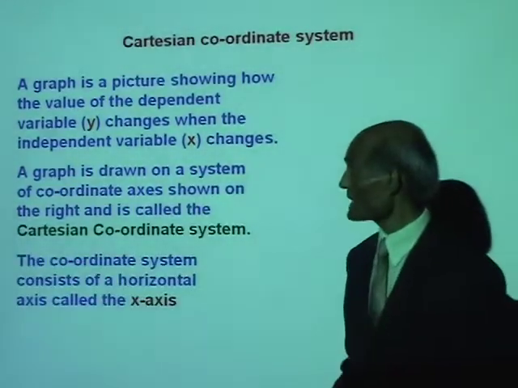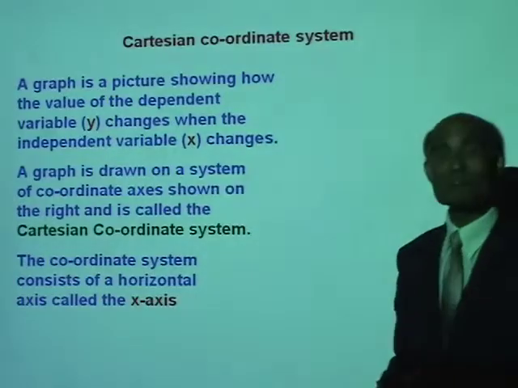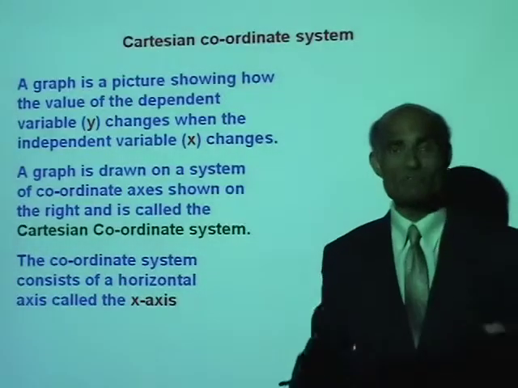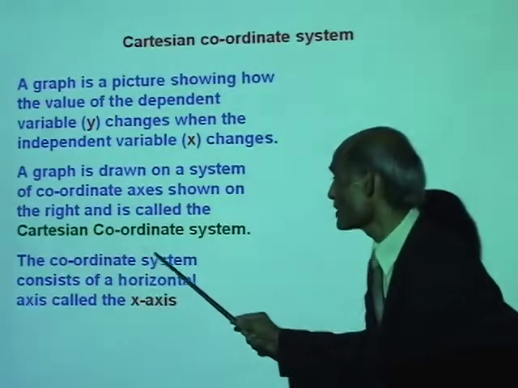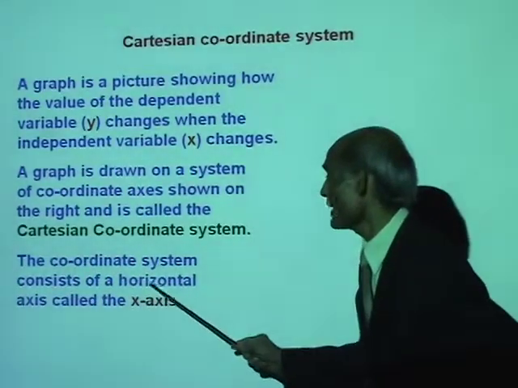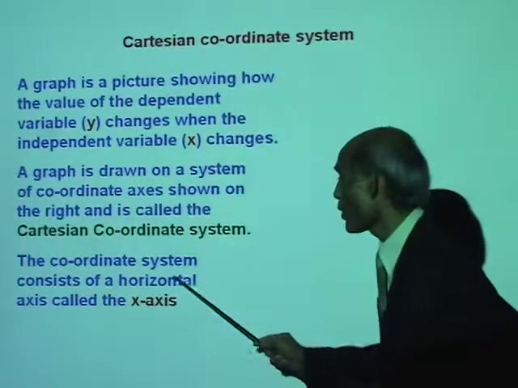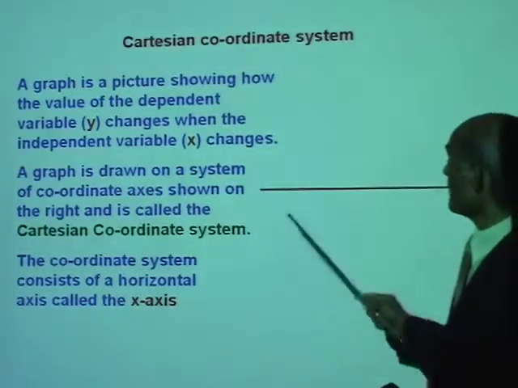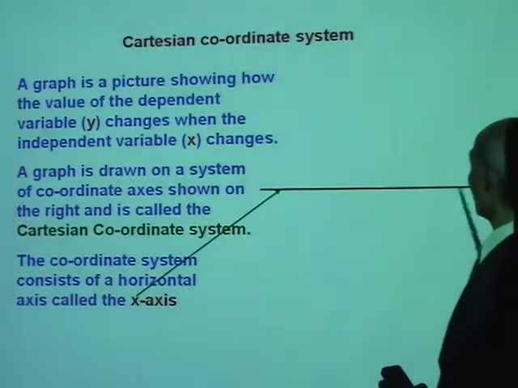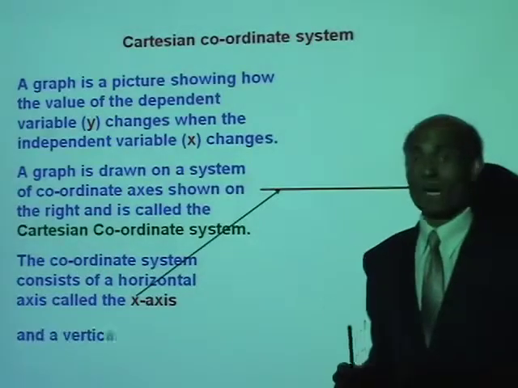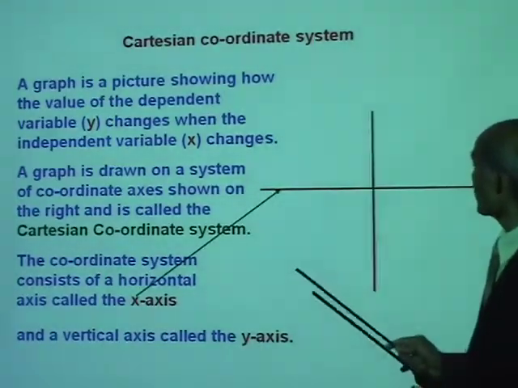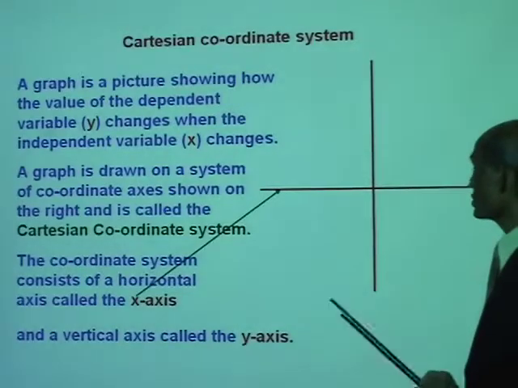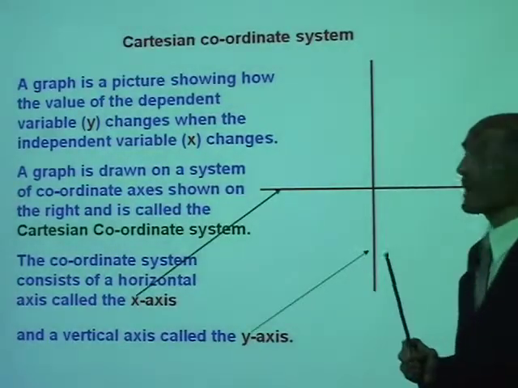Alright, let's see what the Cartesian coordinate system is made up of. I know most of you know this. Let's review it. The Cartesian coordinate system consists of a horizontal axis called the x-axis, and a vertical axis called the y-axis.